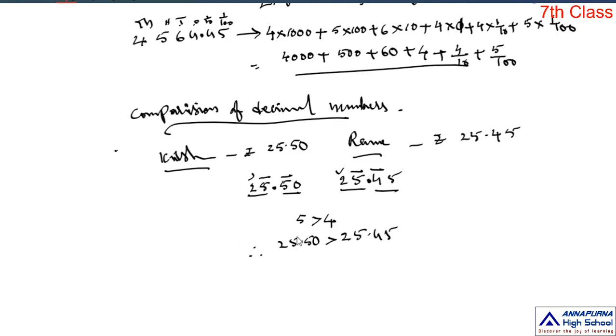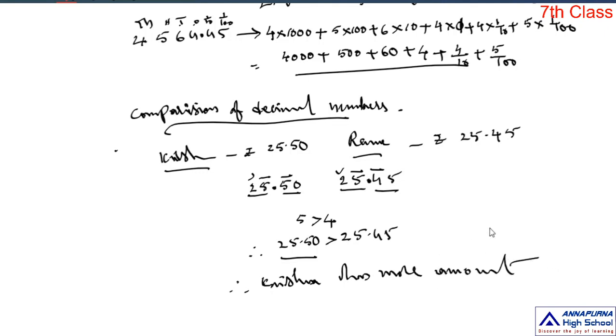Now tell me who has more money? This is 25 rupees 50 paisa. Whose amount is this? Krishna. Therefore Krishna has more amount.